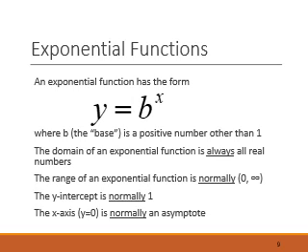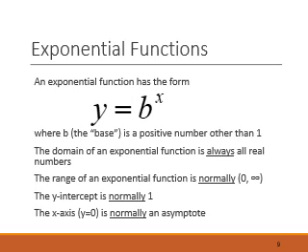We didn't say this earlier, but you might have noticed it when you were looking at different exponential functions in Desmos or on the graphing calculator. I don't care if your function is 2 to the x, 3 to the x, 1/2 to the x, 1/3 to the x. The domain of any exponential function is always all real numbers. No matter what the base is, it will not change the domain. It's all real numbers.